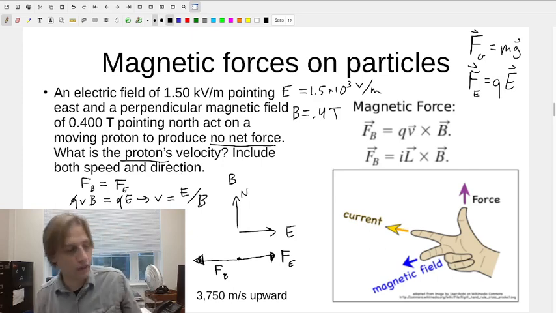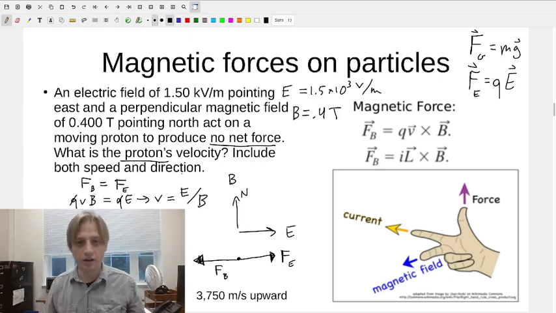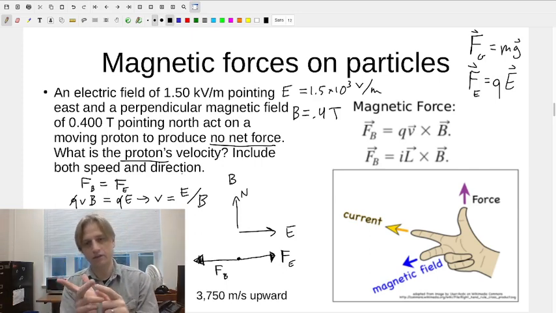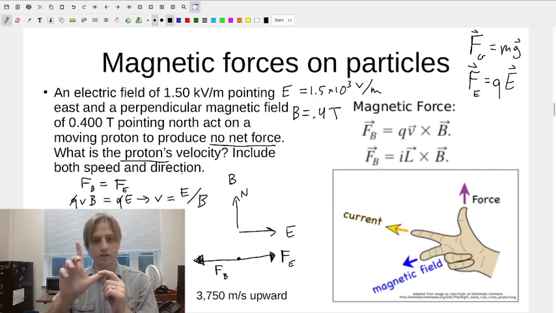Now, just trying to figure out what direction this would be pointing, you have to do a little more work, because you want V cross B to give you F. So my thumb is force, my middle finger is electric field. Okay, so thumb is force, put that to the west. Your middle finger is going to be your magnetic field.